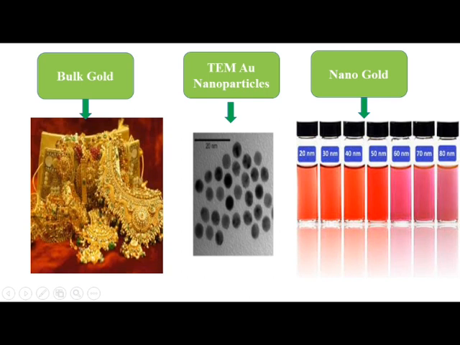From 60 to 80 nanometer, the color of the solution is pink. These colored solutions, red and pink, are nothing but gold nanoparticles in solution form. This is the colloidal solution of the gold nanoparticles.